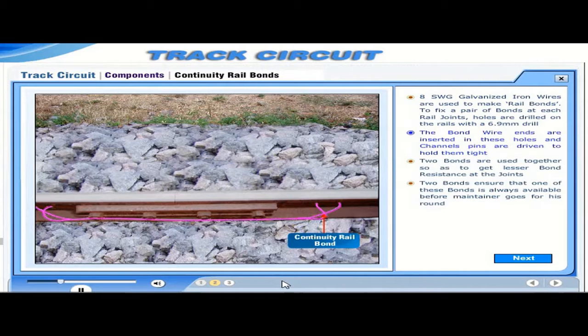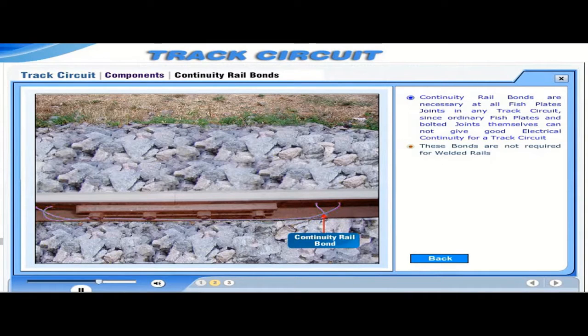The bond wire ends are inserted in these holes and channel pins are driven to hold them tight. 2 bonds are used together so as to get lesser bond resistance at the joints. 2 bonds ensure that one of these bonds is always available before the maintainer goes for his rounds.